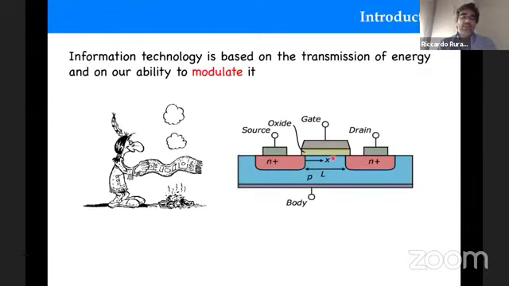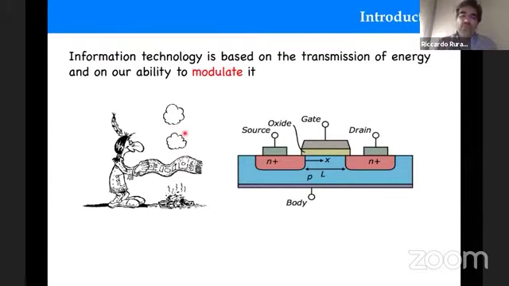So if you look at the man here on the left-hand side of this cartoon, if you set a fire and you are far away, you can see that there is a fire or there is not a fire. So it's rather crude information. But if, like this guy, you use a blanket to modulate the smoke that comes out of your fire, you can start transmitting slightly more sophisticated information.